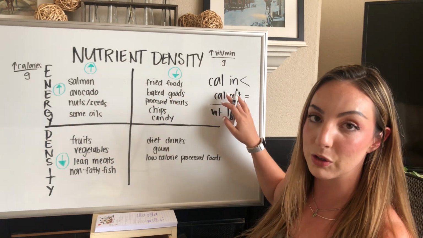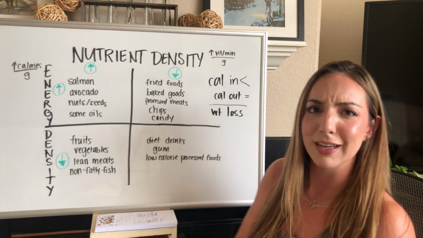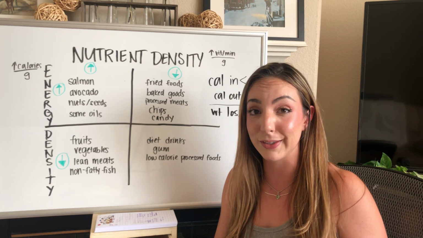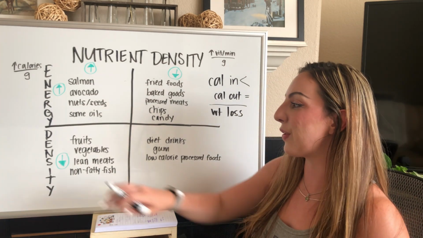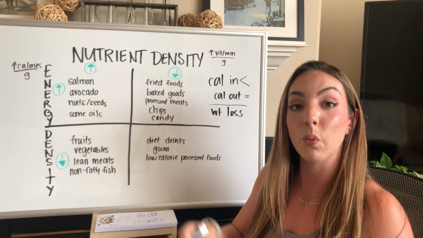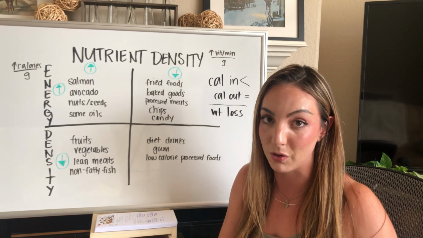They have good micronutrients. We don't want to just focus on this box right here. Drinking diet soda all the time, eating gum, that's some things that I used to do when I was crash dieting, and that's not the way to go, I could tell you that. So if we focus more on these foods and still include some of these foods, we will be more likely able to achieve our weight loss goals.